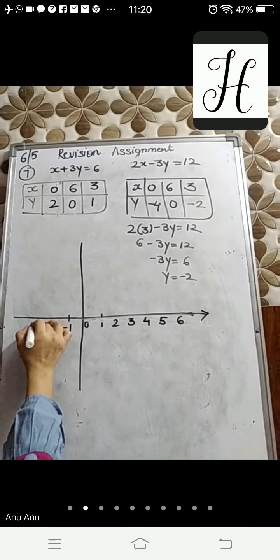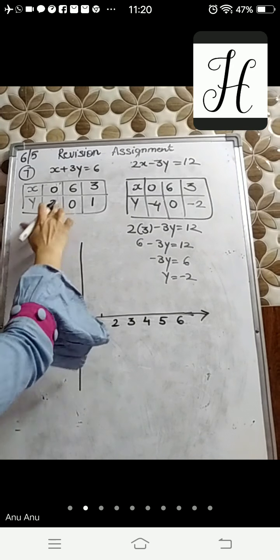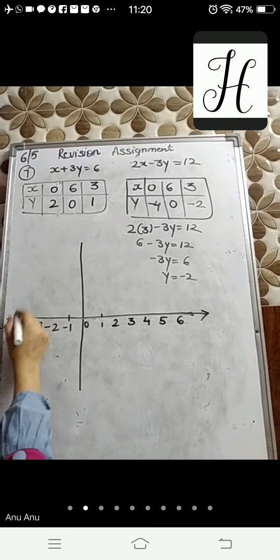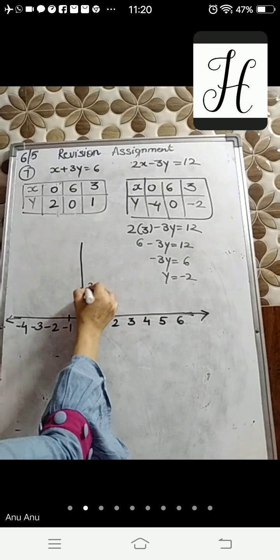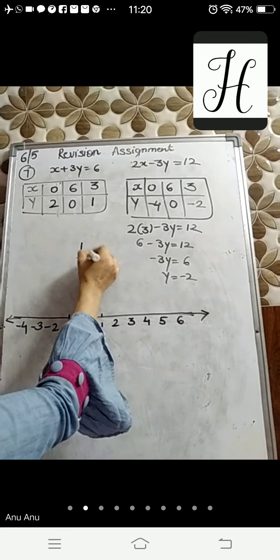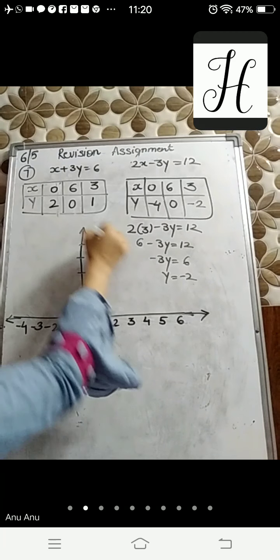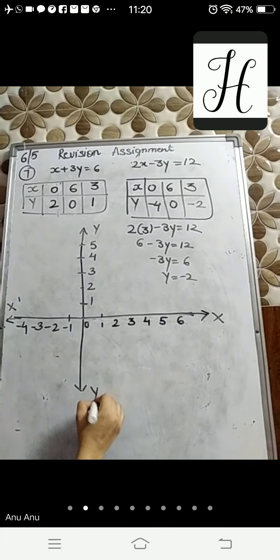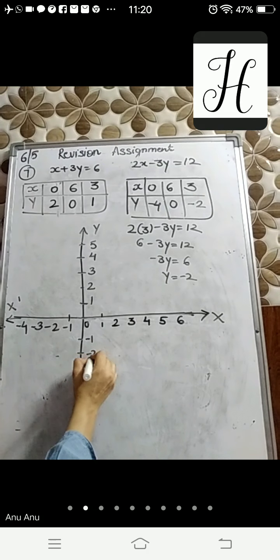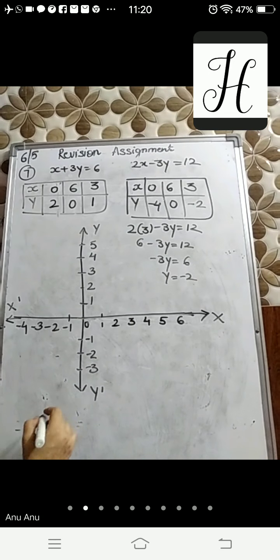Then -1, -2, -3, -4. -4 is the smallest value of all these. Then 1, 2, 3, 4, 5. Write x, x dash, y, y dash, -1, -2, -3. If more are needed we will write them, no problem.